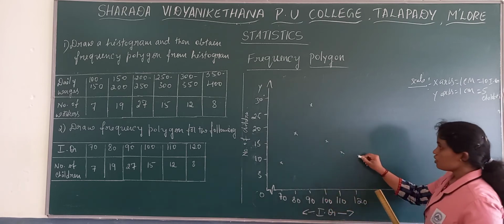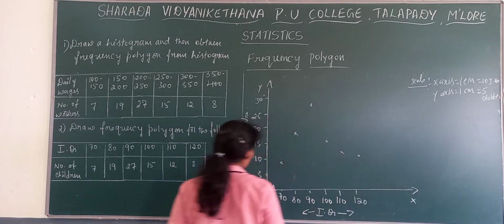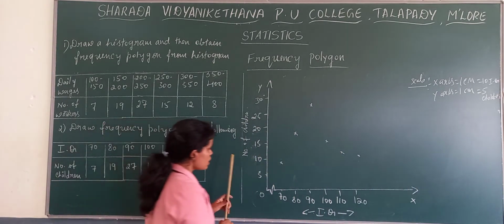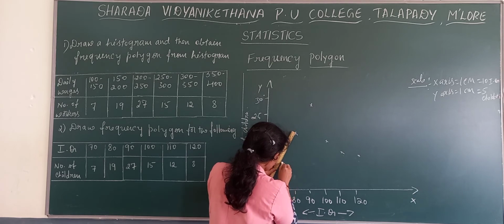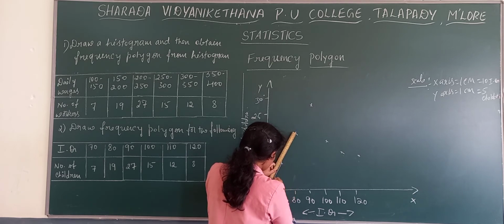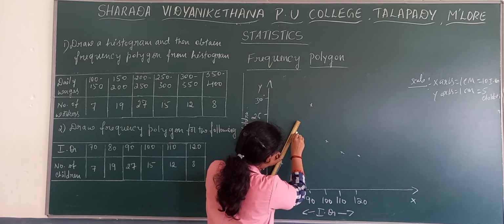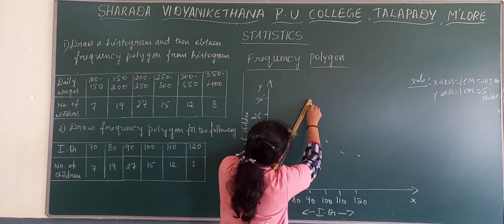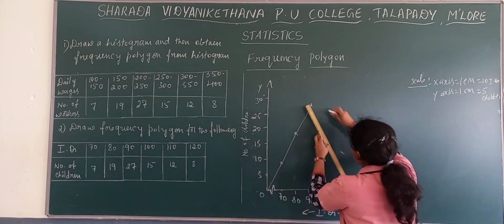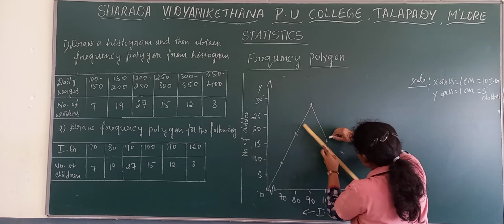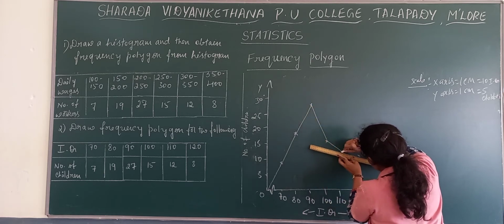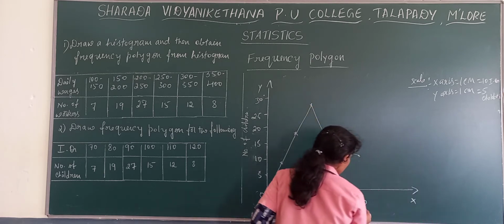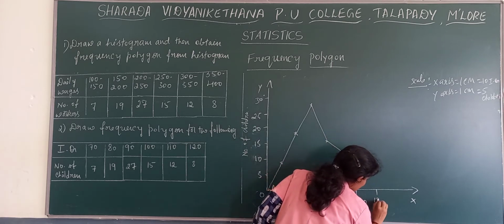Okay. Now join these plotted values. As I said, join these plotted values. Now here you can join it to 0 by using a scale. Here 120 will represent 130.